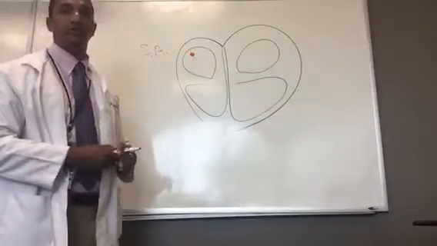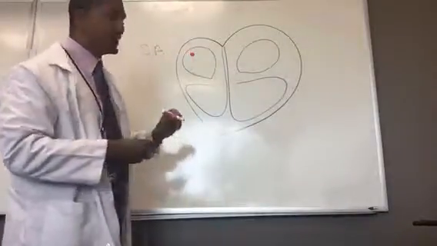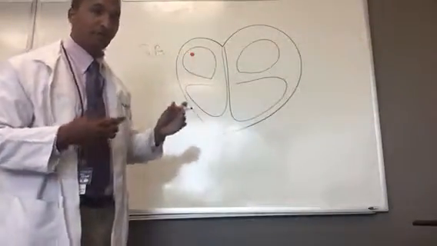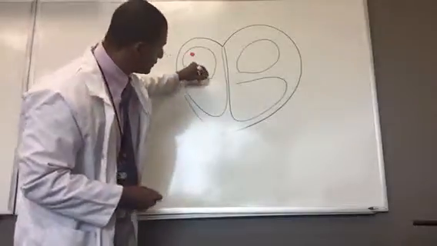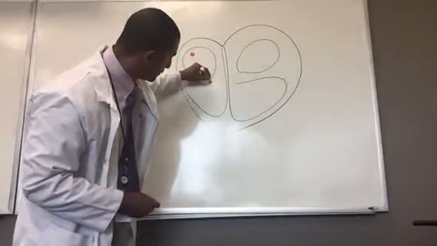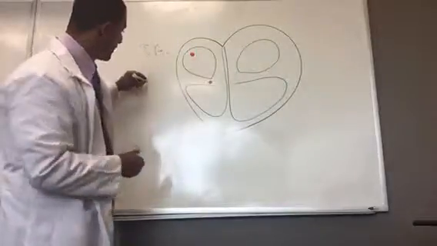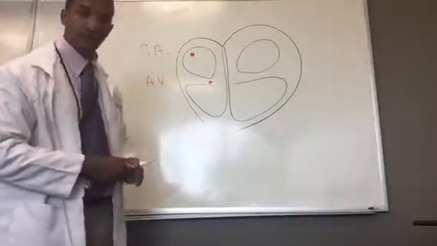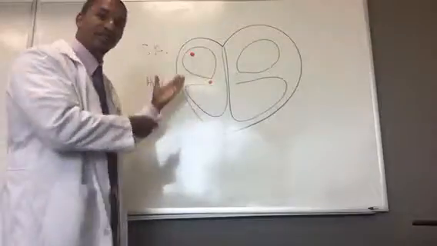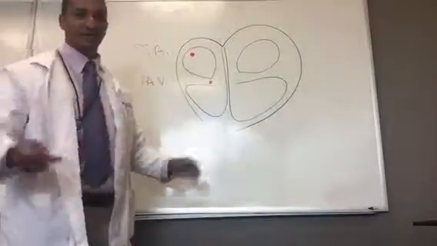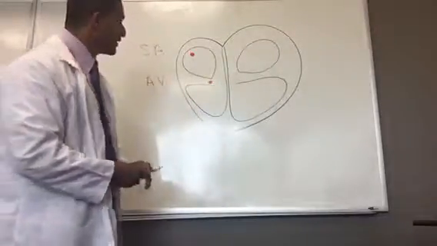So sinoatrial node. Then there is another player in the game called the AV node. They call it the AV node, A for atrium and V for ventricular, because it's between the atrium and the ventricle, right? I think this is all self-explanatory.